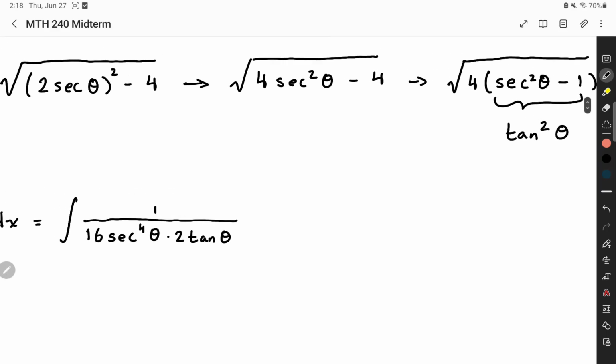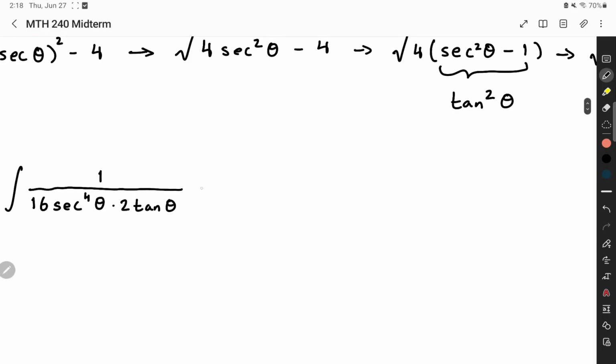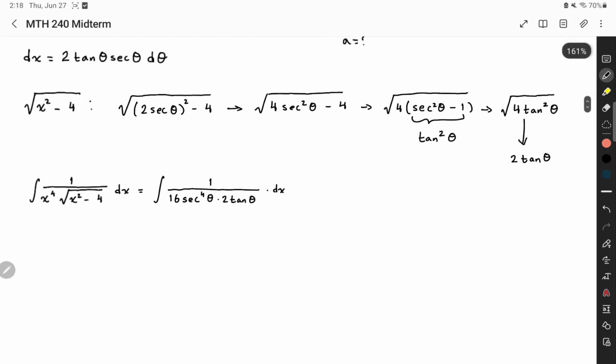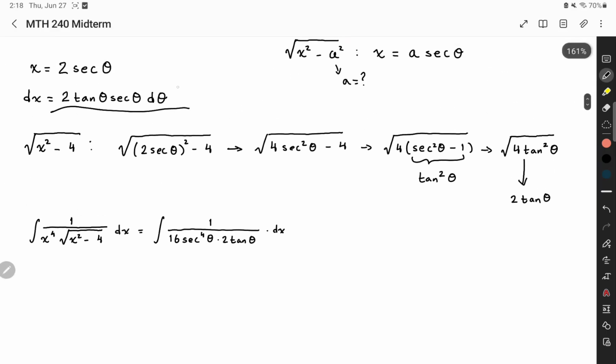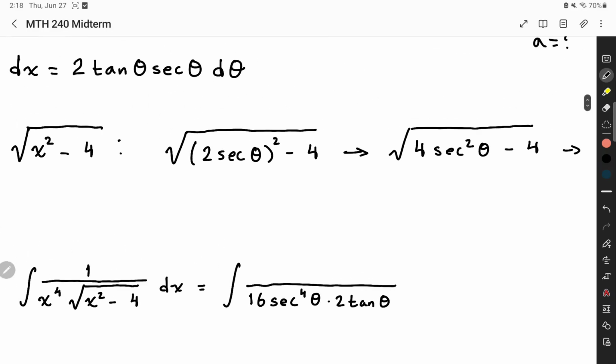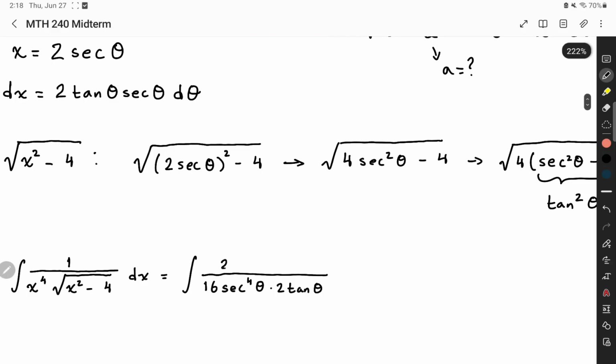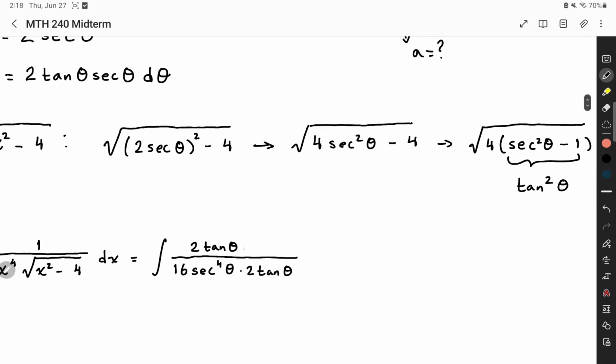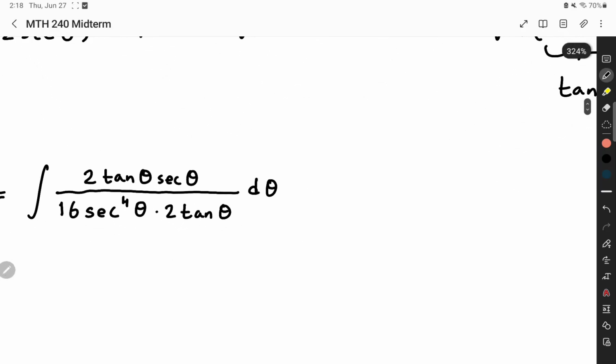And this is overall 1 over all this, and then times our dx. What is our dx? Well, our dx is right here. So we can move our dx here, and write it on top where the numerator is. So we can write 2 tan theta secant theta d theta, as so.